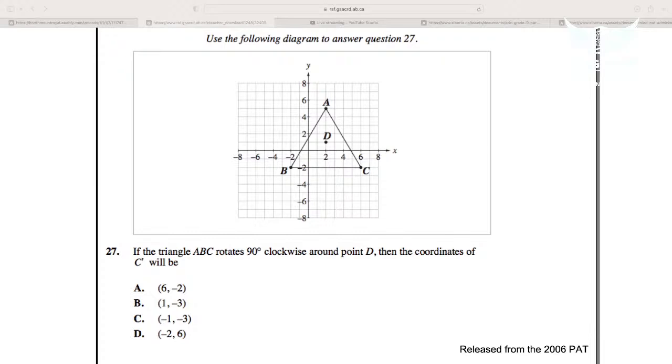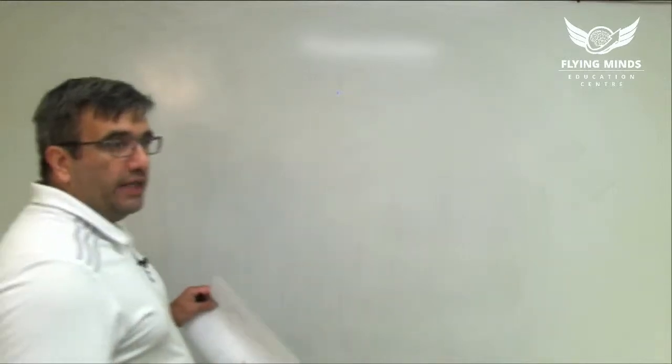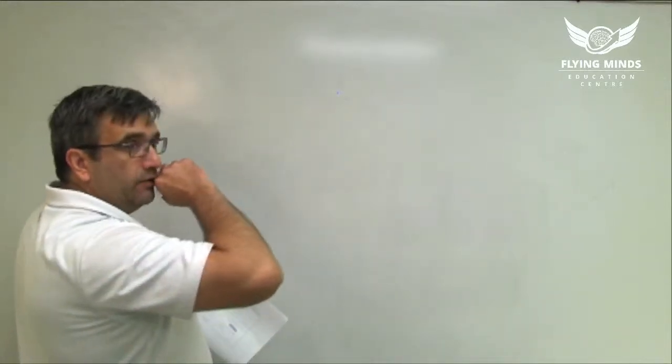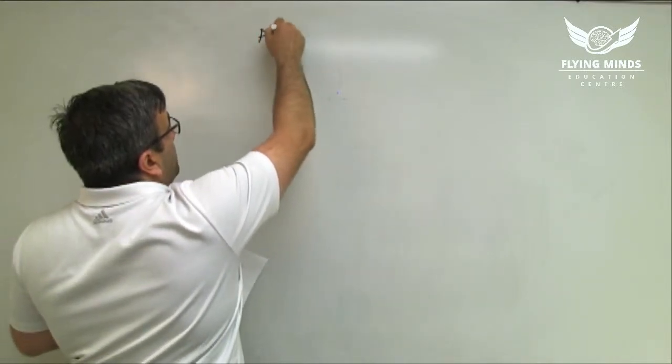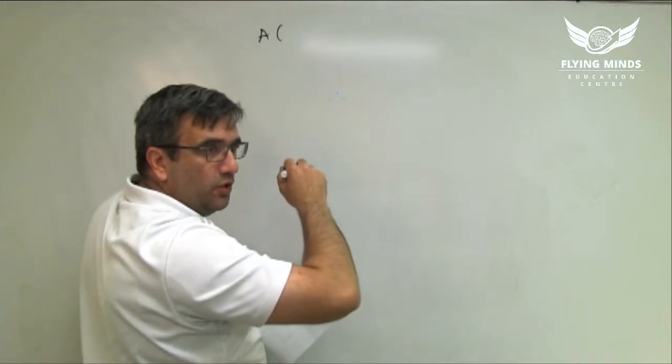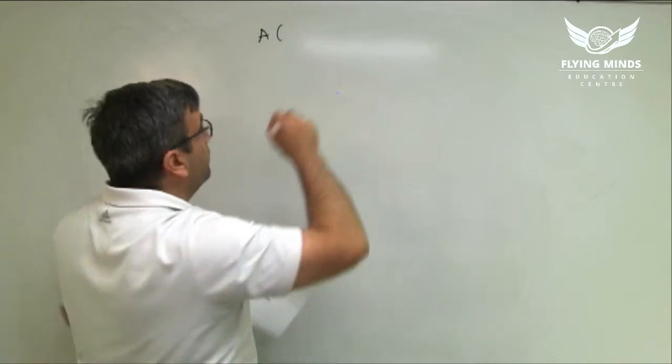If we rotate it 90 degrees clockwise around point D, the coordinates of the C. Okay, so let's try to do it. Let's write down the coordinates of each point, right? A will be, we actually don't need to write these coordinates, but 2, 5.